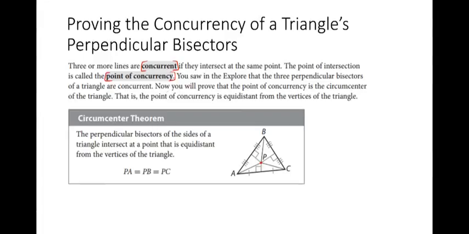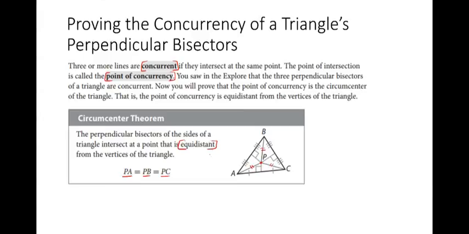Now, we played around with perpendicular bisectors when we were constructing our circumscribed polygon and our circumcenter and all that. Now we've got to prove this. So if we look at the theorem involving this, which I already mentioned earlier in our construction, when you measured those three lengths, you should have realized that the distance from here to here should be the same as the distance from here to here and here to here, okay? So that's equidistance.